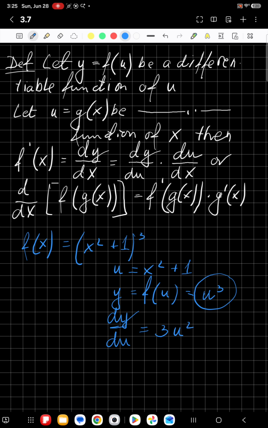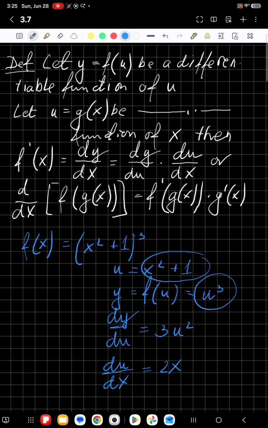That's what comes first. Of course, u is x squared plus 1. And now I'm multiplying it by du dx, the derivative of u with respect to x. Taking the derivative of this this time, that's going to be 2x.